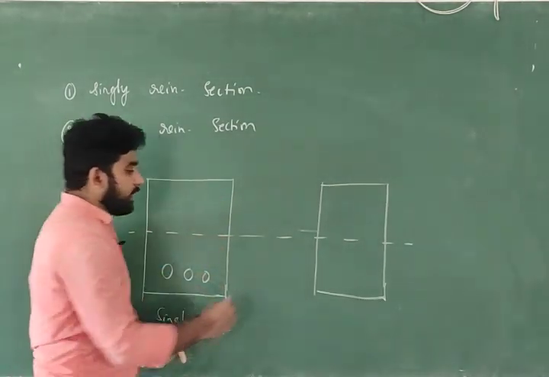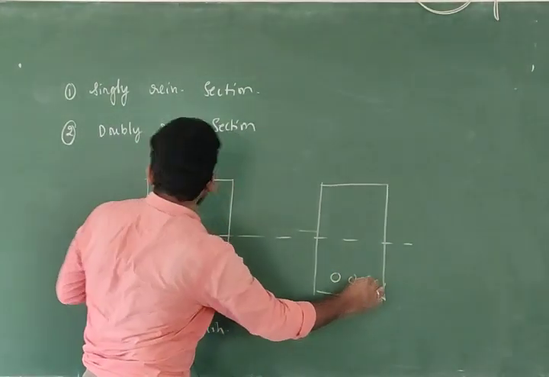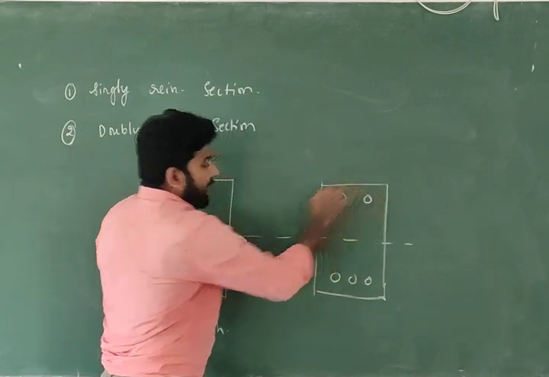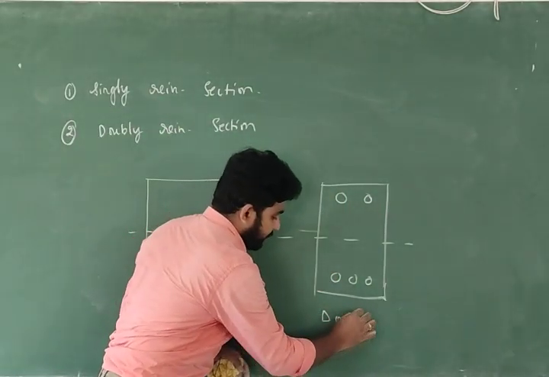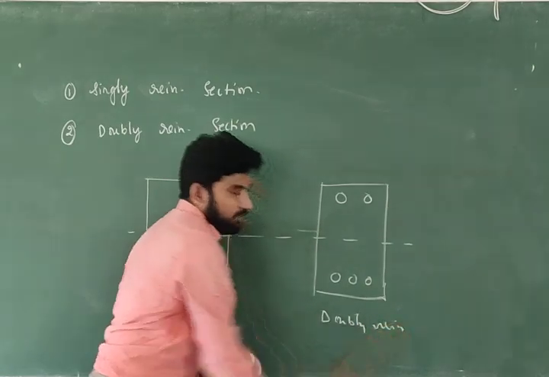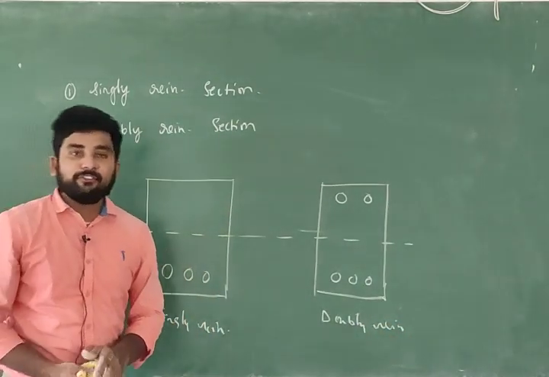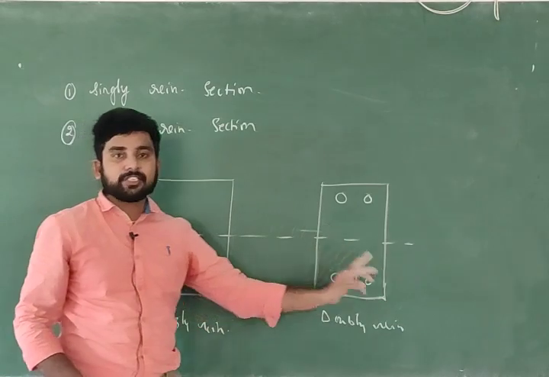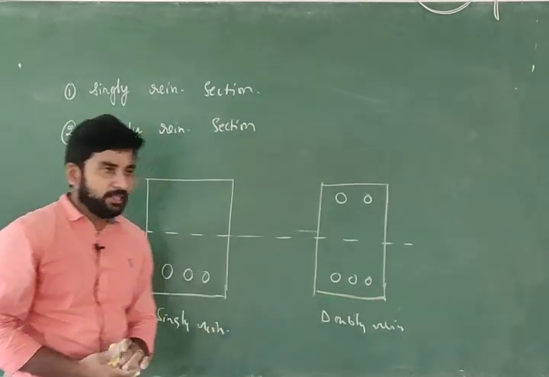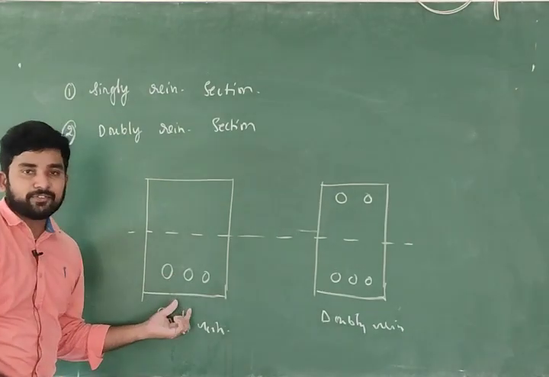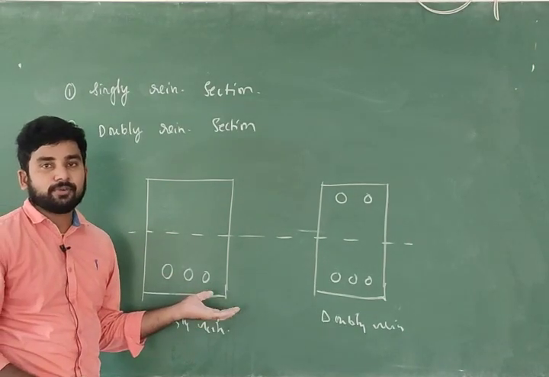When you provide reinforcement doubly, in both zones, that section is called a doubly reinforced section. Sir, when will we use singly reinforced sections and when doubly reinforced sections? See, practically singly reinforced sections are not possible. Why?